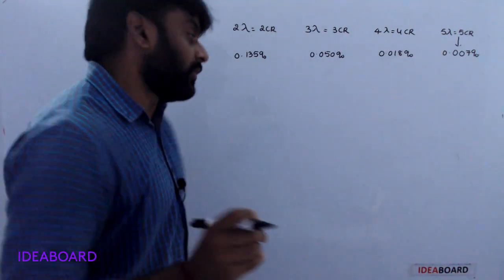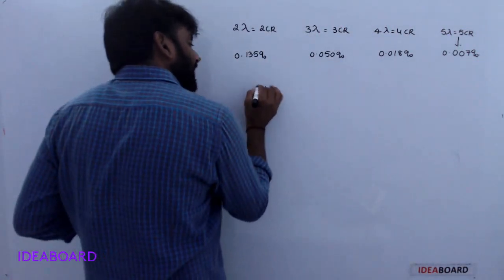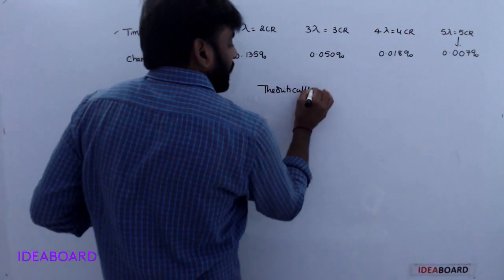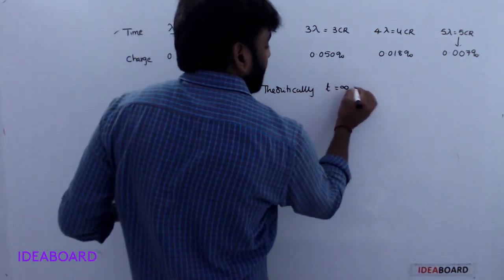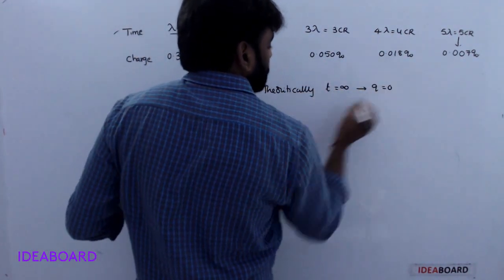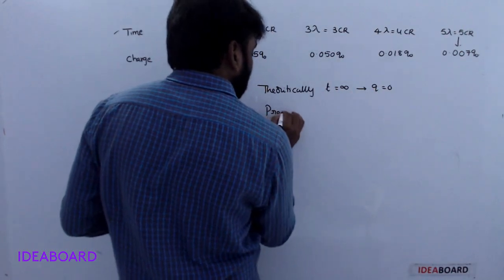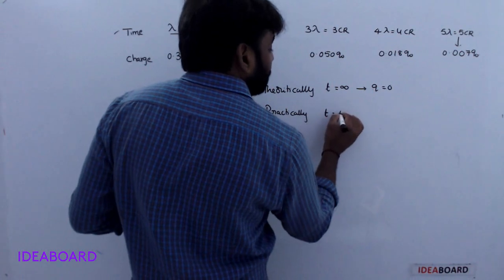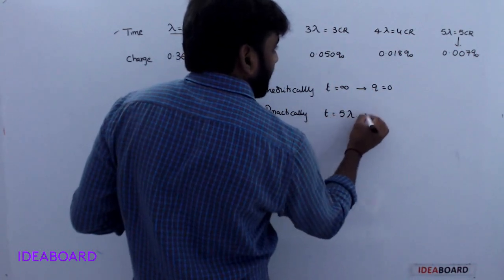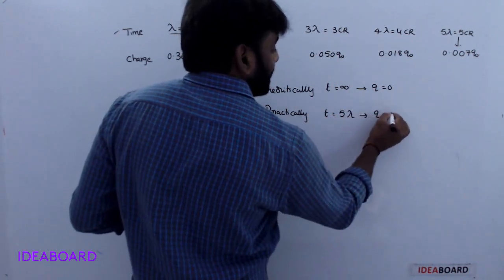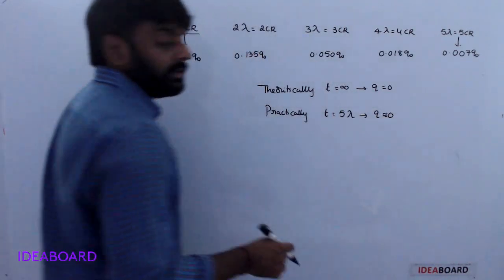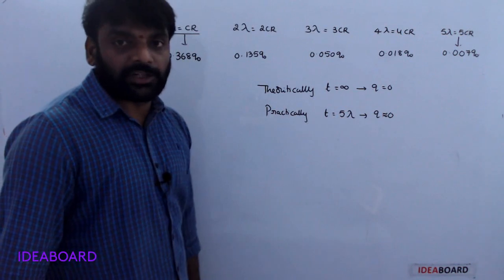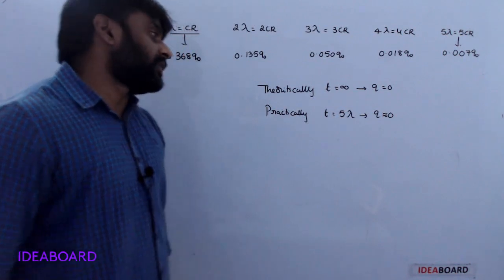So theoretically at t equal to infinity, the charge is 0. Practically, after 5 time constants, Q is approximately 0. Understood?